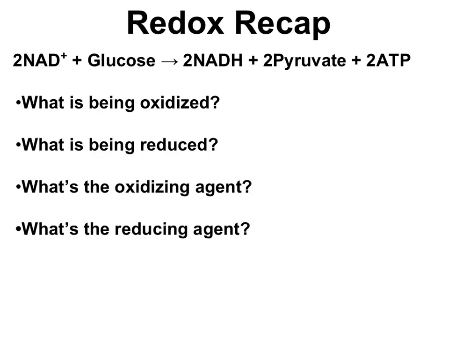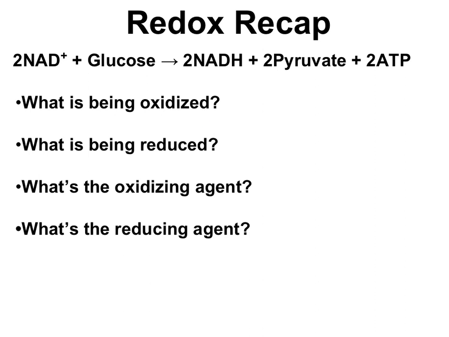I also think this is a great point to check out what's going on with redox reactions. In glycolysis, NAD is stealing high energy electrons from glucose. During this process, NAD gets turned into NADH and glucose gets turned into pyruvate. So what's being oxidized and what's being reduced in this redox reaction? Let's remember OIL RIG. Oxidation is loss. So what's being oxidized?